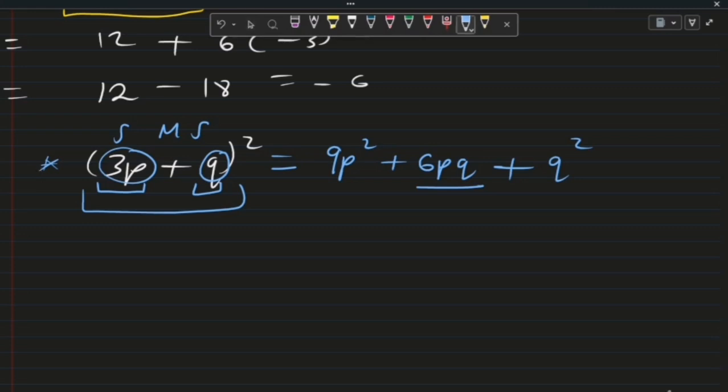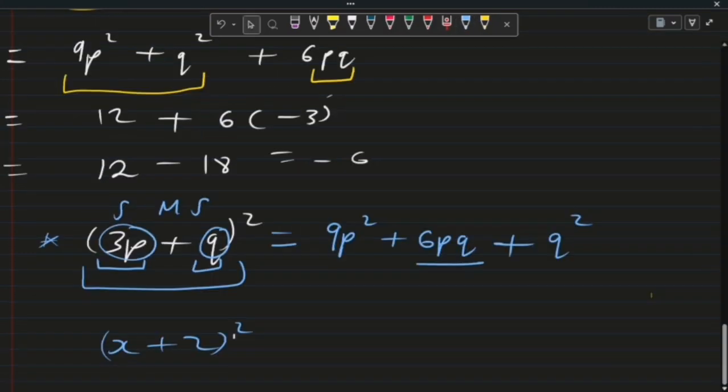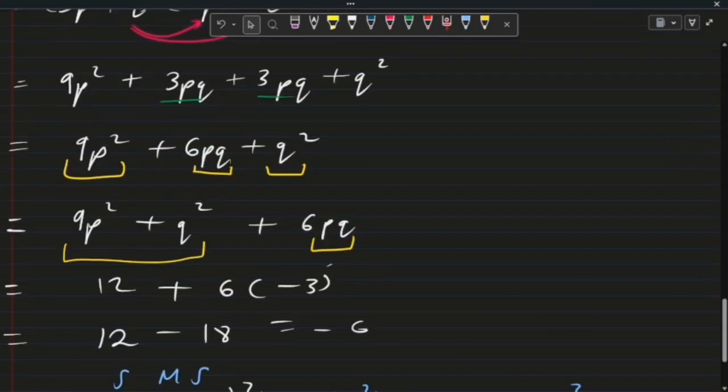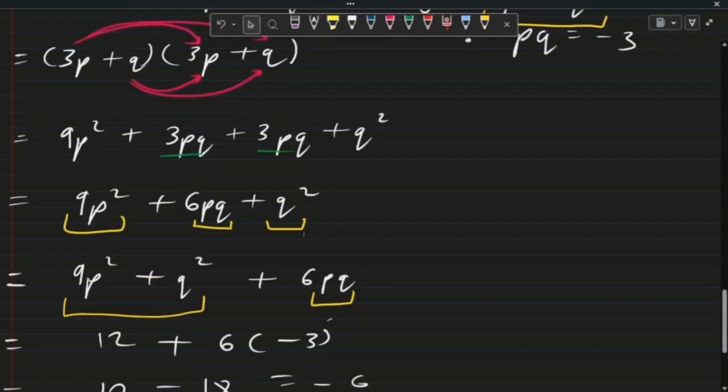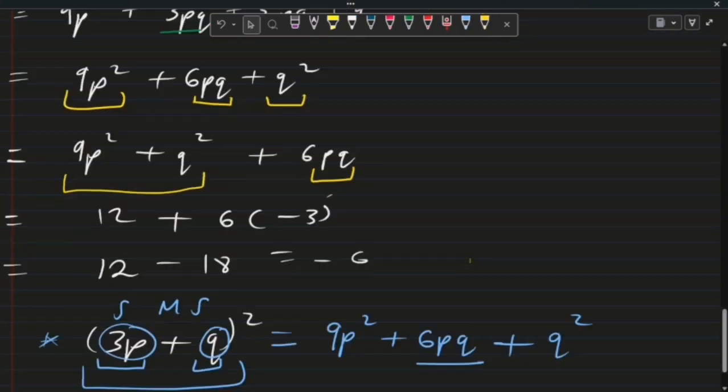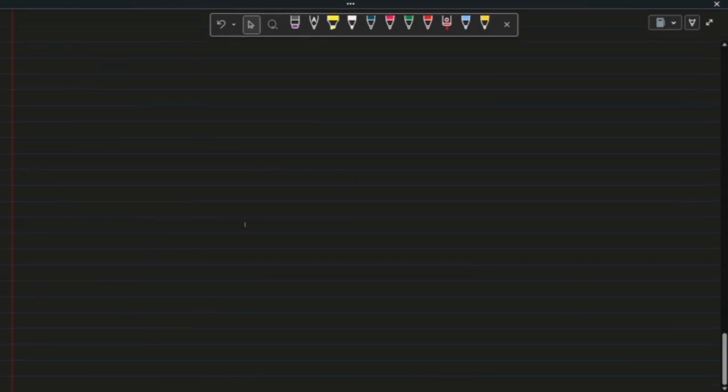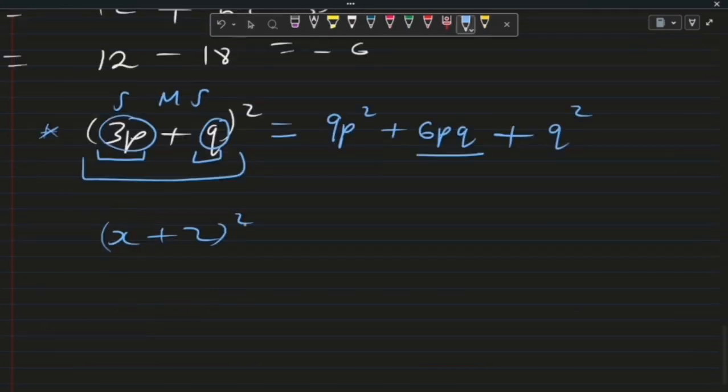For example, if you are simplifying something like (x + 2) all squared for 1 mark, it's very unnecessary to go through all of these hoops just to do a question of 1 mark. So it is very valuable and very useful to know the shortcut method.